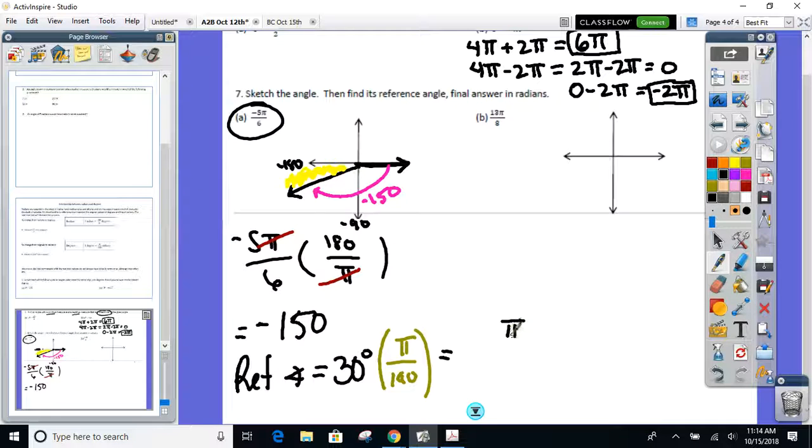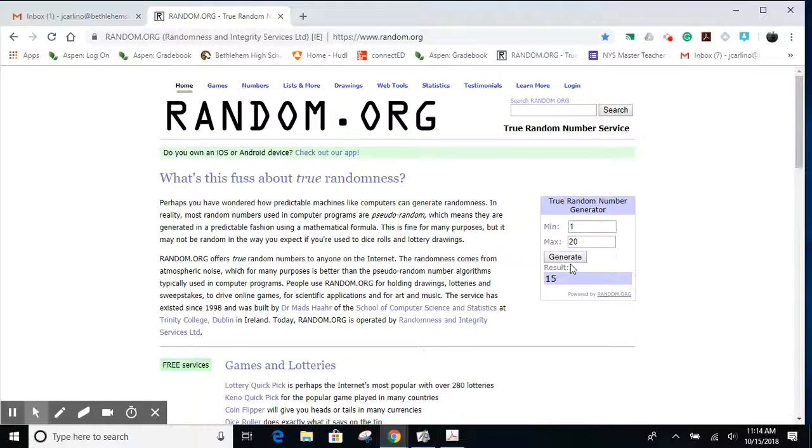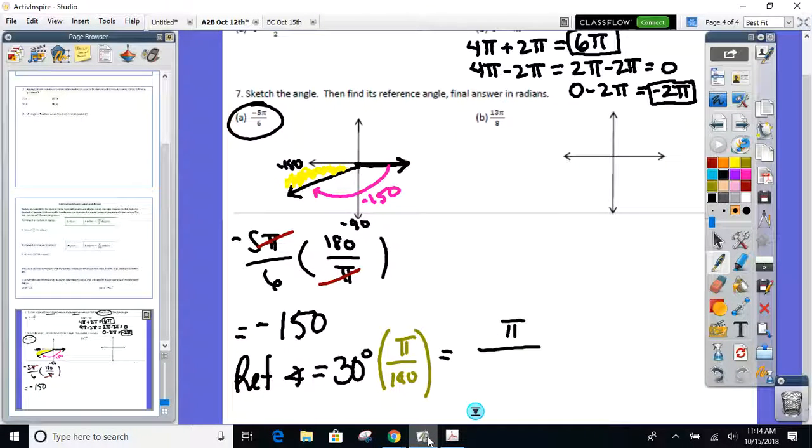So all I need to do now is reduce 30 over 180. Pi over 6 is the reference angle.